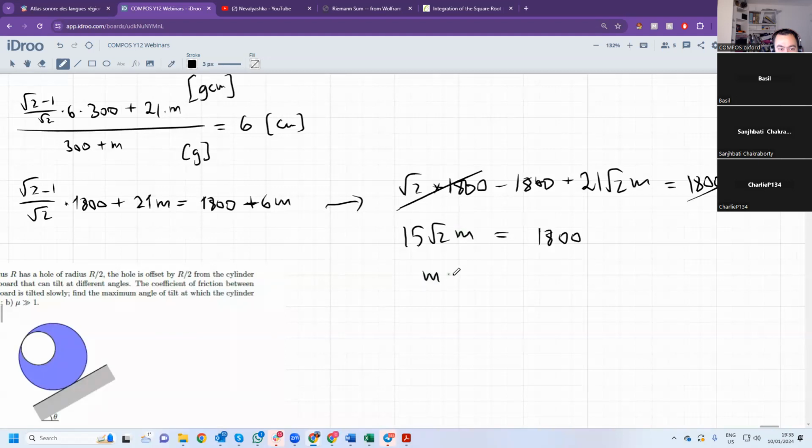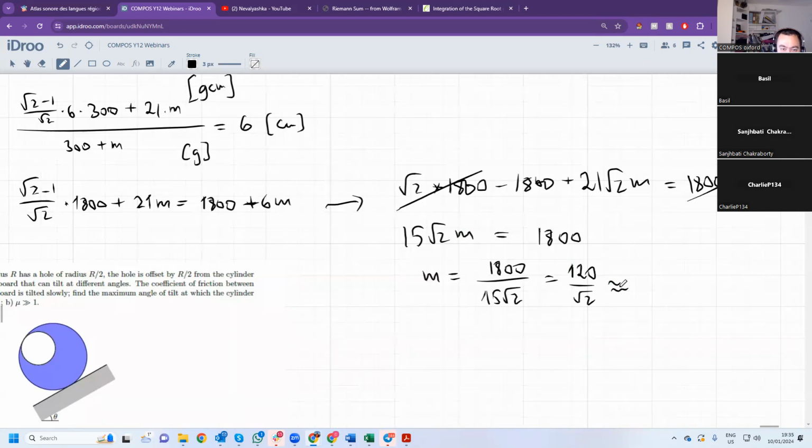So m is 1800 divided by 15 square root of 2, which is 120 divided by square root of 2.